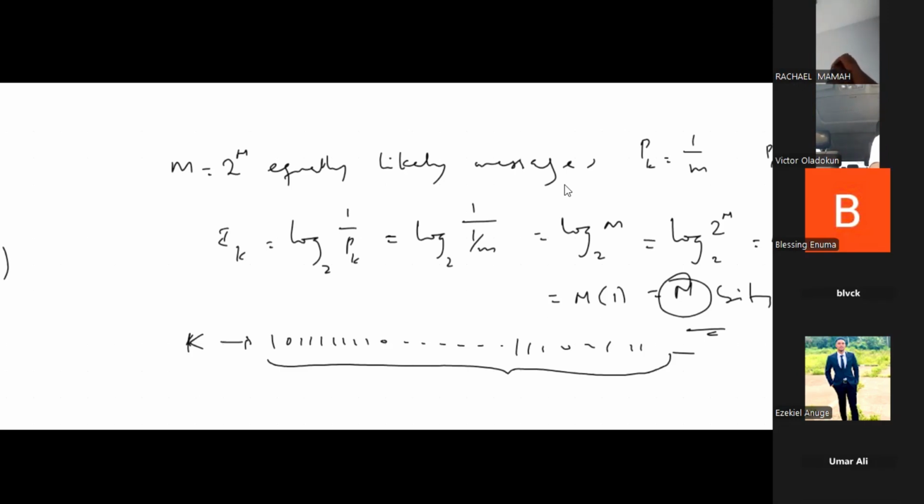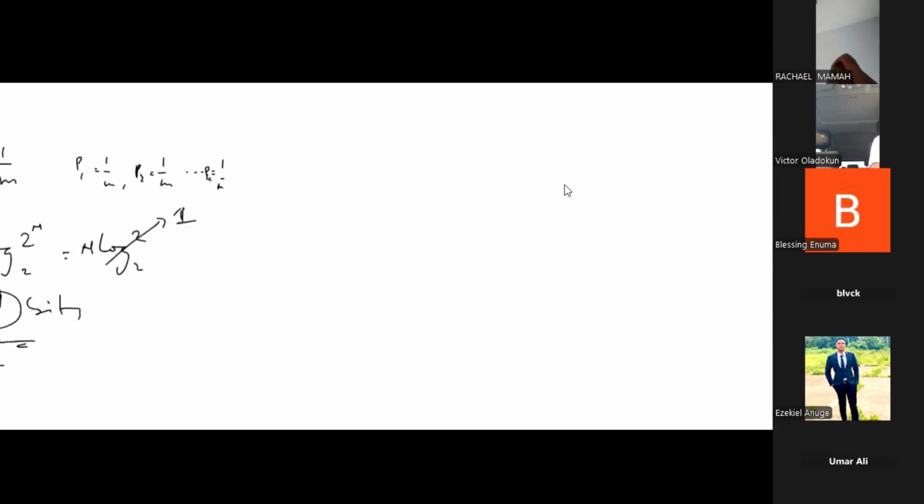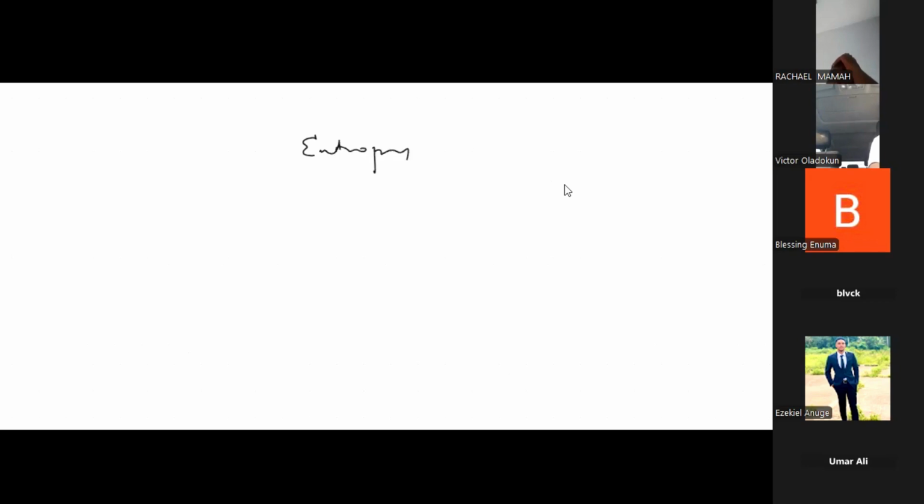So now this brings us to entropy. Okay. And we already said that's entropy H. Now we already said that entropy is the same as average information.